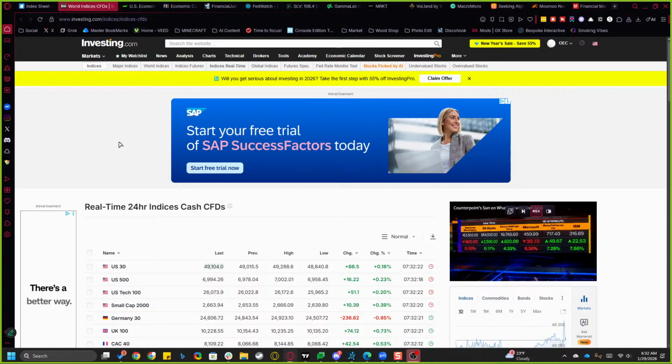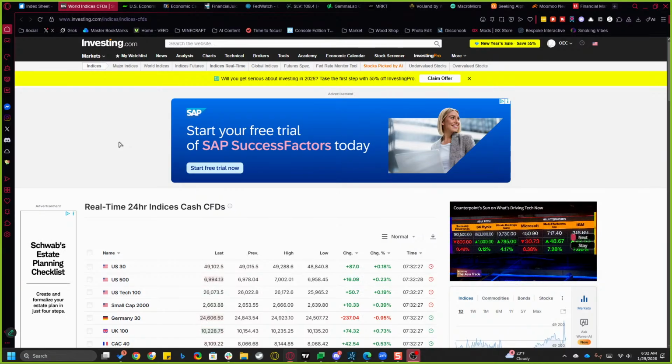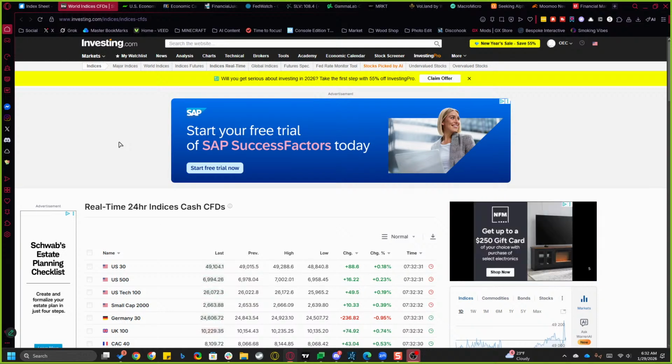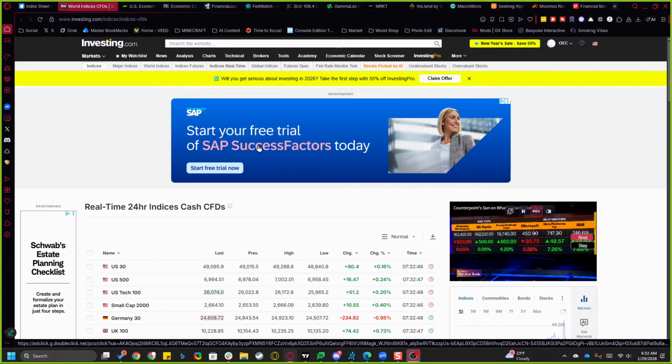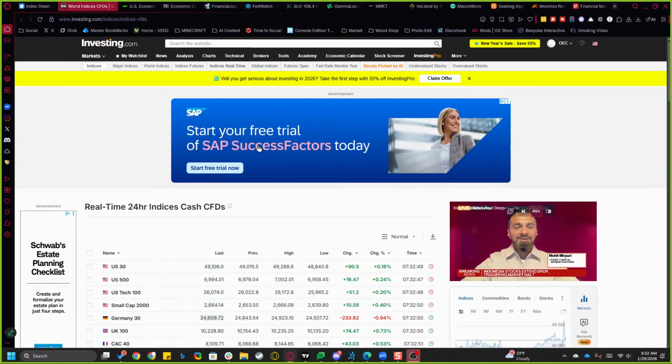Which kind of reminds me, somebody was talking about analyzing a stock the other day and was asking for help because it's one of those situations where you could possibly see it as bullish, possibly see it as bearish. If it's that wishy-washy, then it's not much of a trade anyways. I mean, with options we can trade sideways, so there's always that.